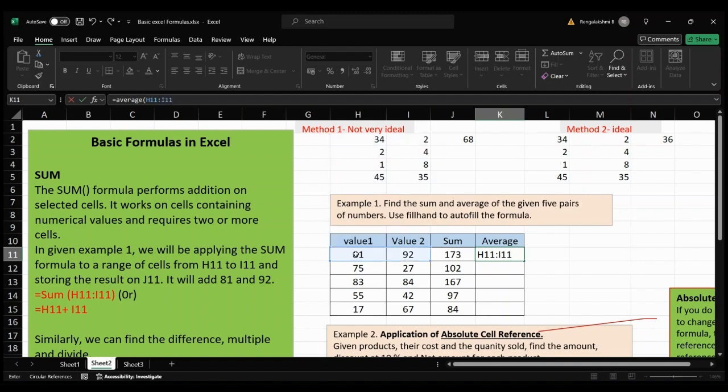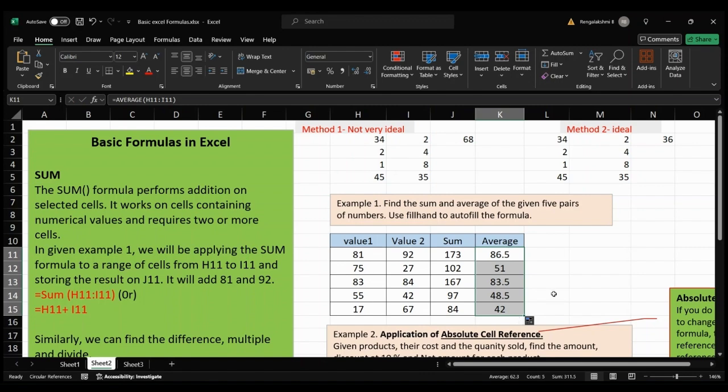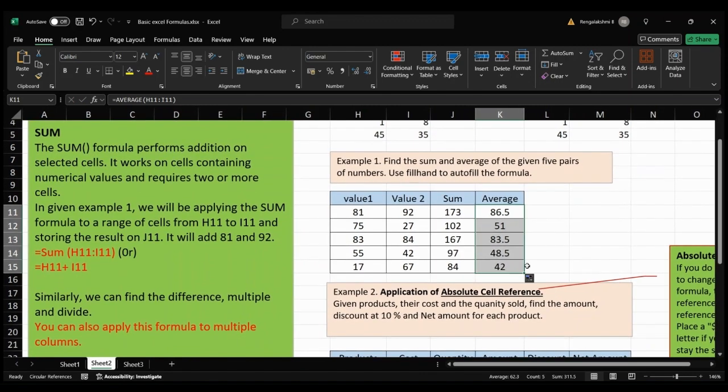Okay. So here we got the average of these two numbers. Now we'll autofill the formula and we got this. So this is the way we find sum, average and autofill.